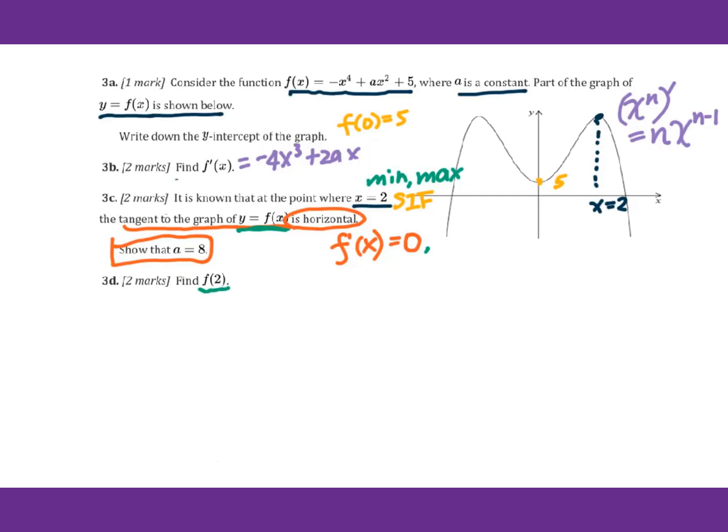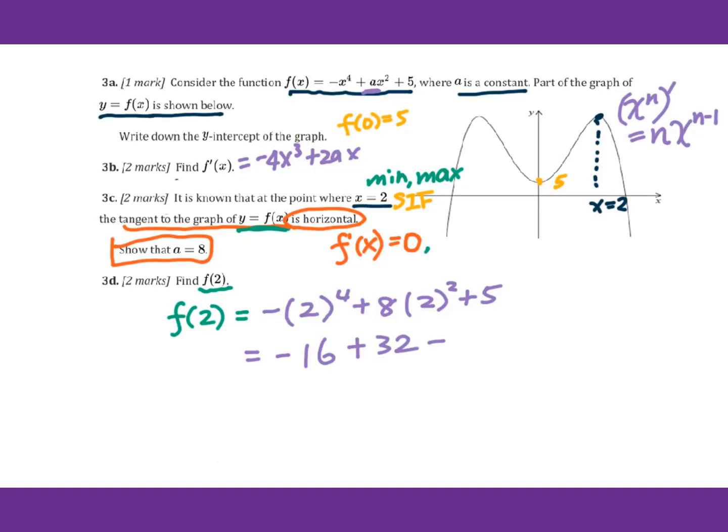Find f of 2. We just need to plug into the original function. Remember, a is 8. So we get negative 2 to the fourth power plus 8 times 2 squared plus 5. Negative 16 plus 32 plus 5. You will get 21.